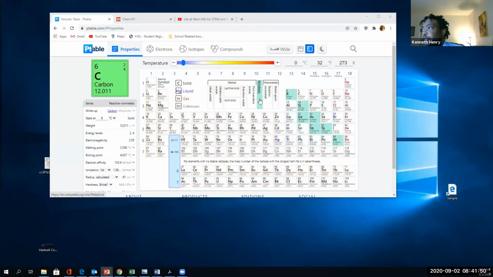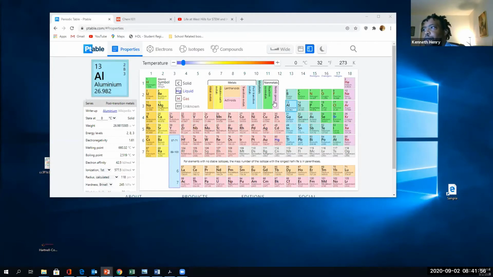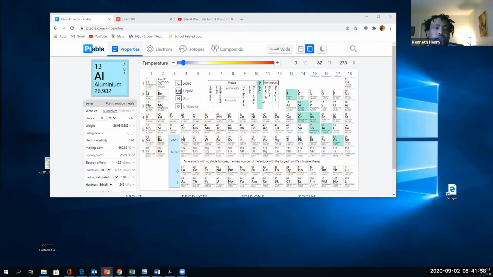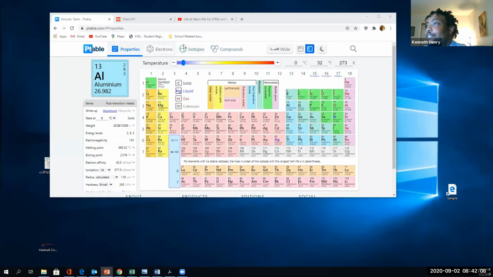So these are your metalloids. Often a lot of people will mistake aluminum for a metalloid. Aluminum is a post-transition metal, not a metalloid. That's one of the reasons I love P-table, so I can make sure I get it right.